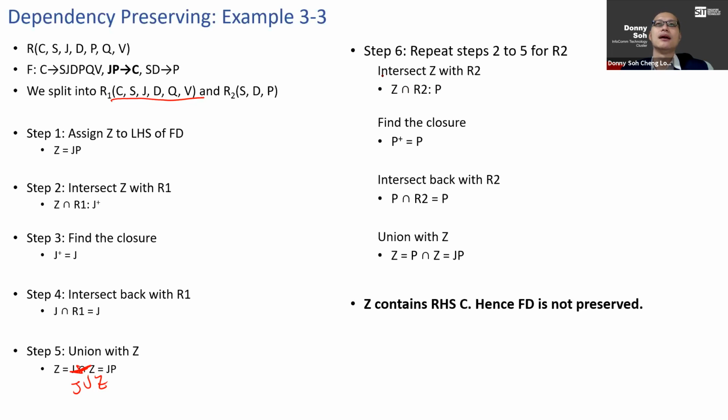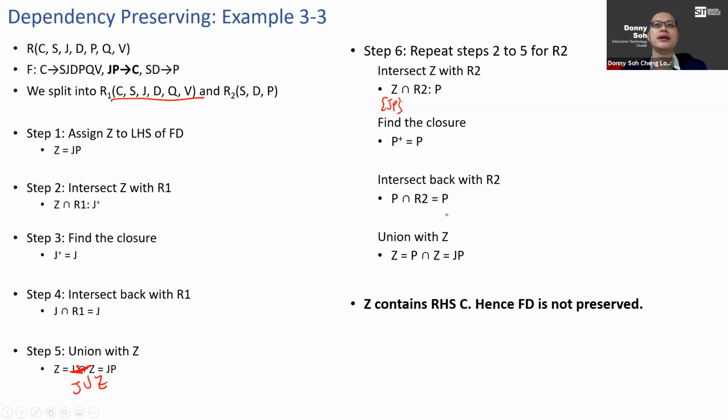After that, I would repeat it for R2. I intersect Z with R2. Z is now JP. This will give me P. I find the closure of P, which is P. Intersect it back with R2. R2 is SDP.